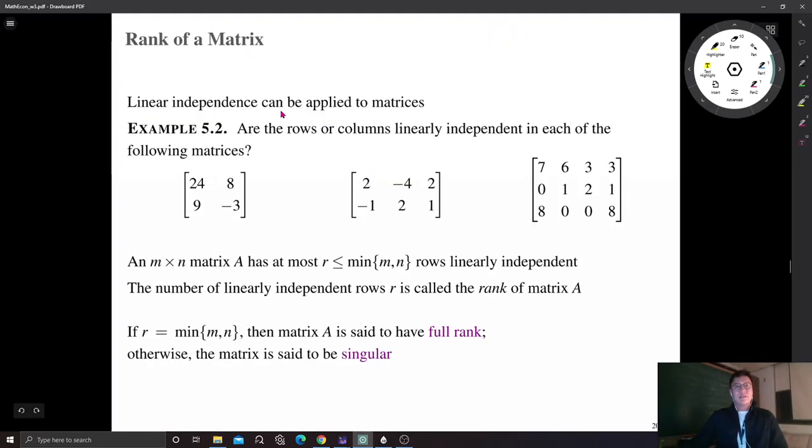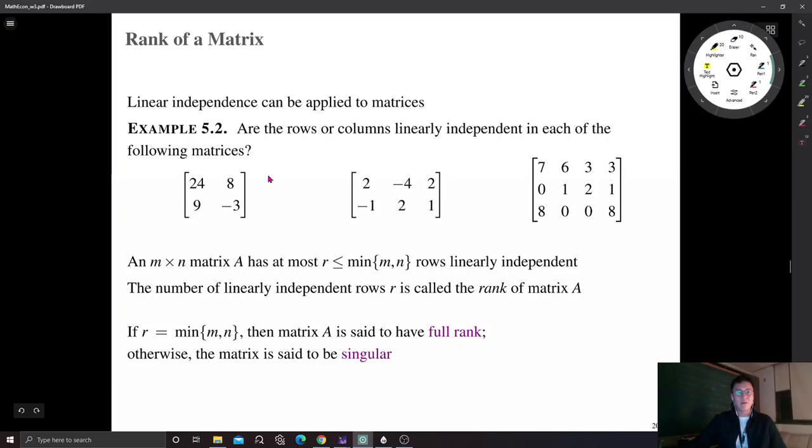All right, and this concept, linear independence, can be applied to matrices because a matrix is an array of several vectors. So, in that example, 5.2, are the rows or columns linearly independent in each of the following matrices? Think about the first matrix, 2 by 2.